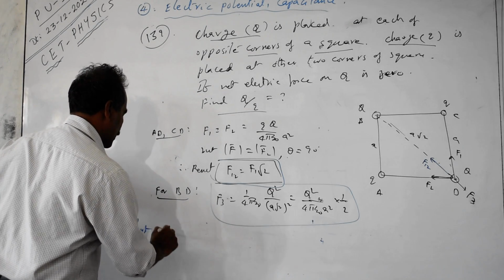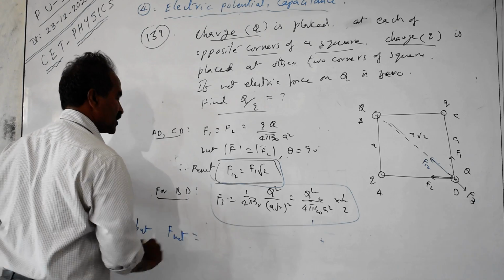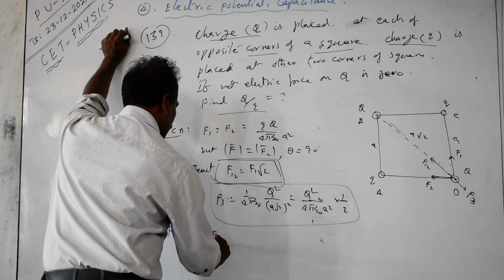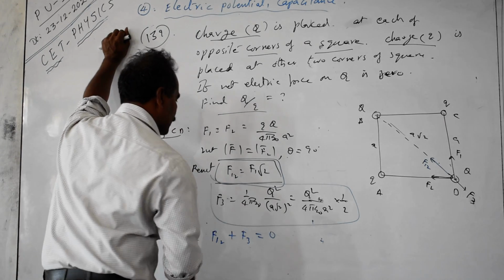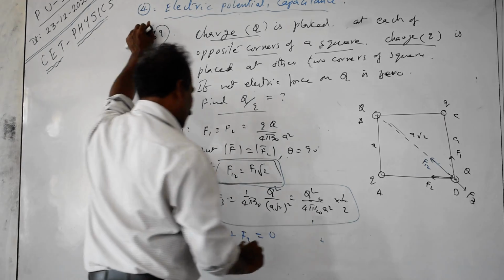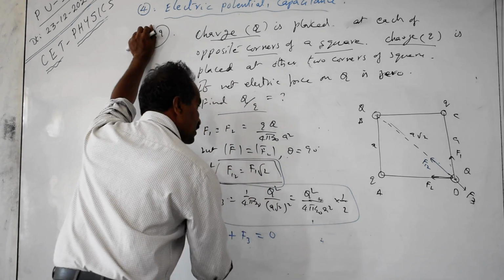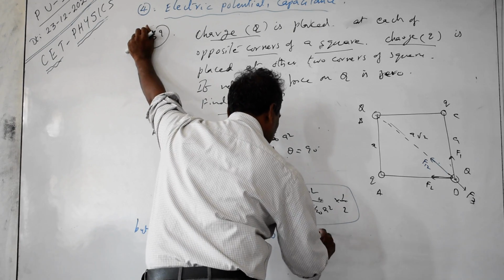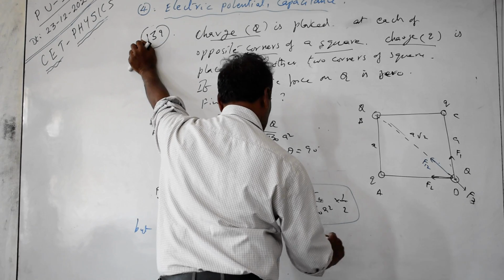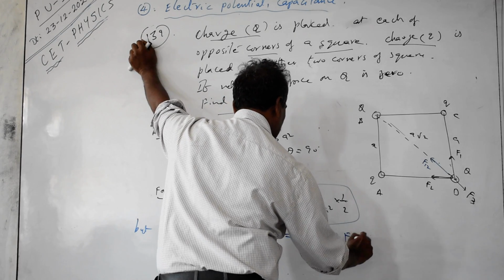The net force is F12 plus F3 equal to 0. F12 is nothing but F1 root 2. So F1 root 2 plus F3 equals 0.